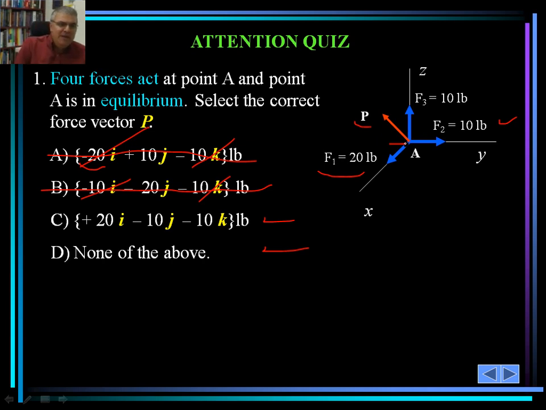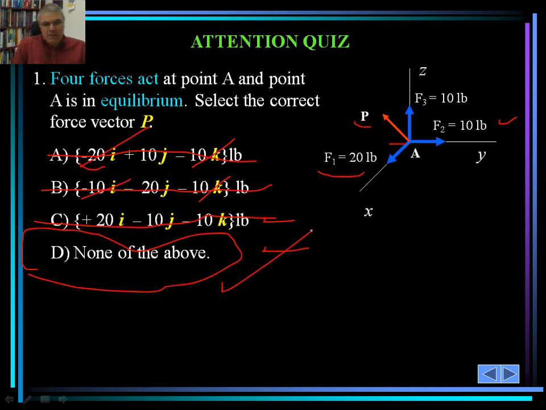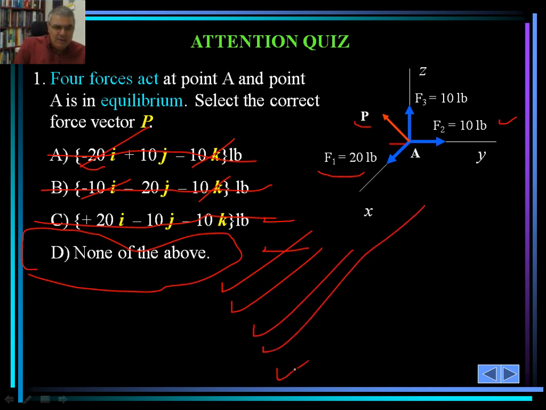Could it be negative? No, it cannot be negative. It must be positive. So this is also out of the question. The answer would be none of the above. That is the correct answer for this particular problem. I can go crazy a little bit with it and just say that is the correct answer here. D, none of the above.